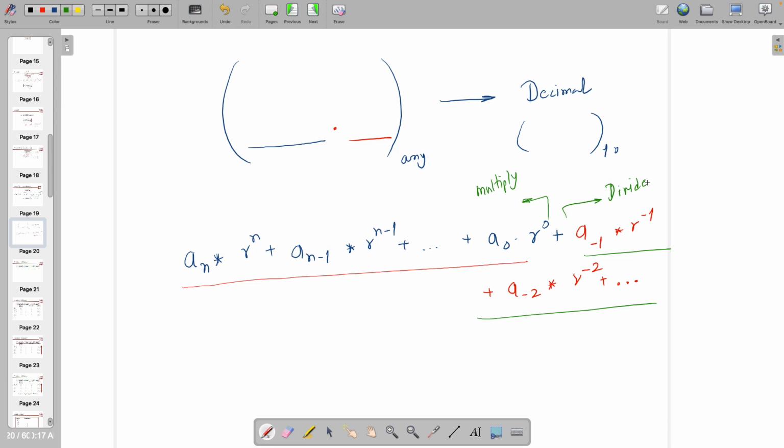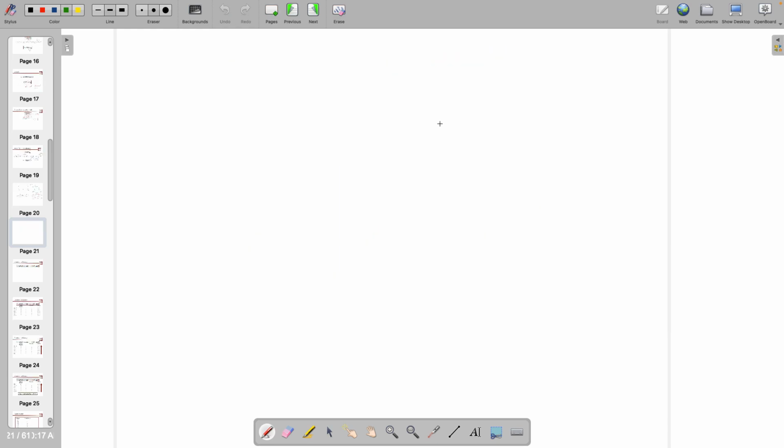But if you want to go the other way around, from decimal to any system, or let's say any base, let's call this one radix, from decimal to any radix.